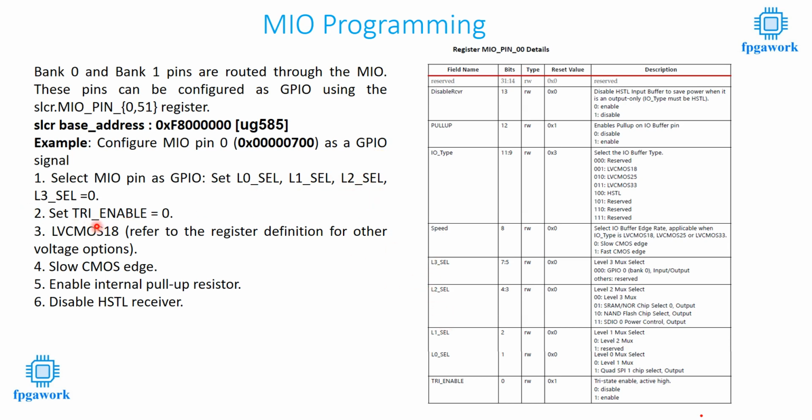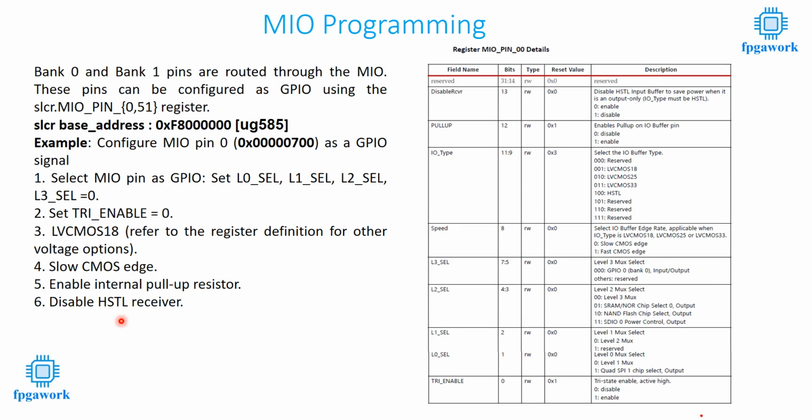Write 0, set tri-enable; we don't need to enable it, we don't want to control this state, and select 1.8 volt, slow CMOS, again low data rate. Pull up resistor, yeah, enable it, and disable HSTL. So we have learned how to program MIO.